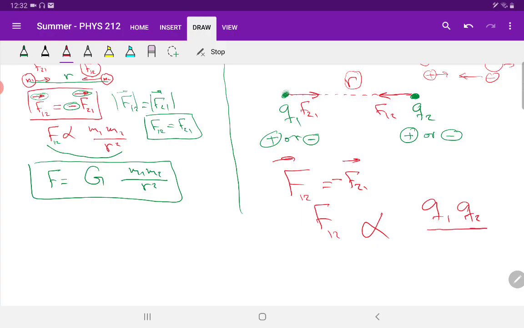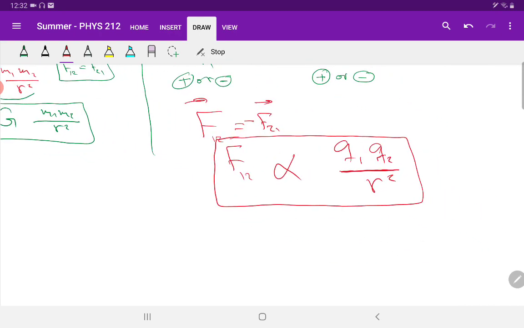And how does the distance affect this? Similar to what we did in the gravitational force, it's inversely proportional to r square, or proportional to 1 over r square. These are the two parameters that control this. And again, we assume that this is in a vacuum, meaning there is nothing in between.